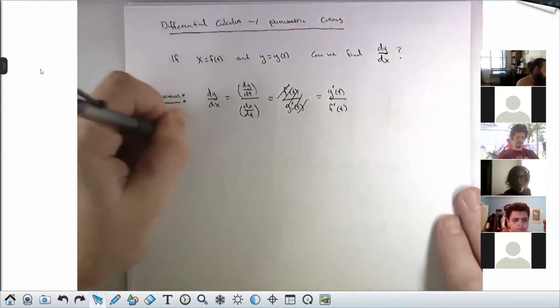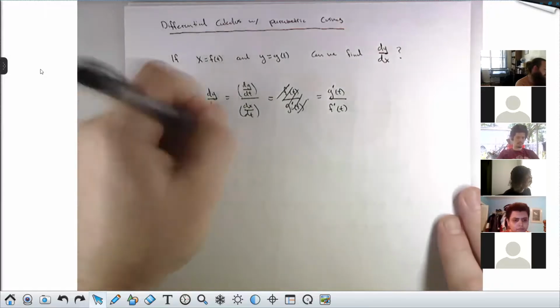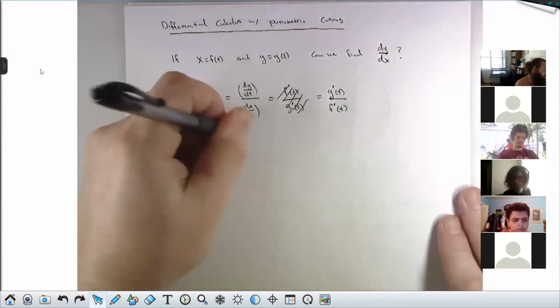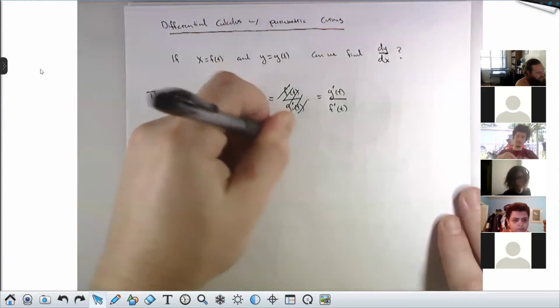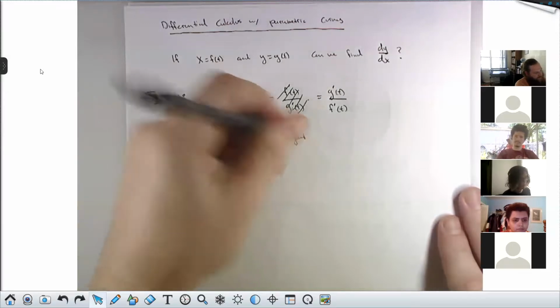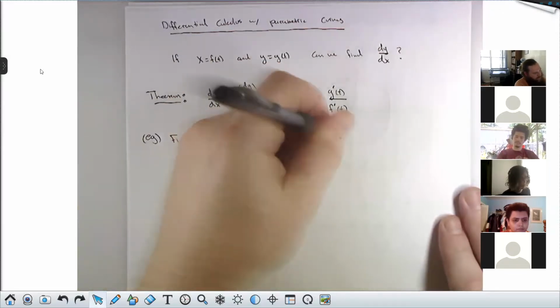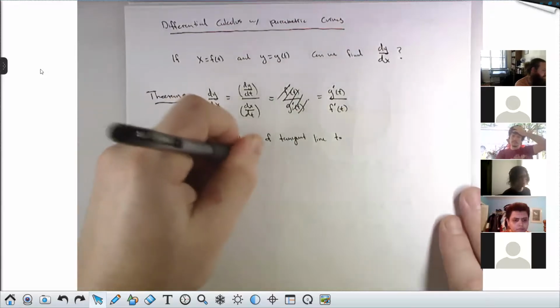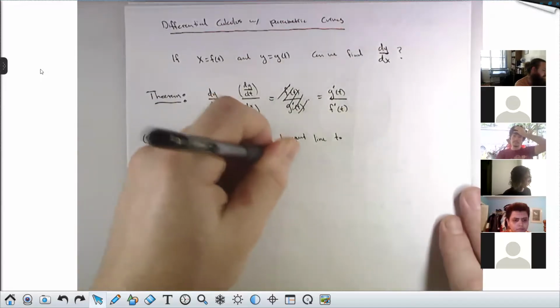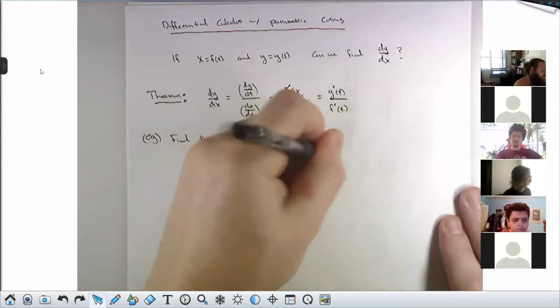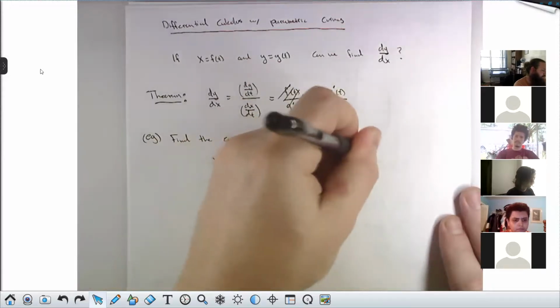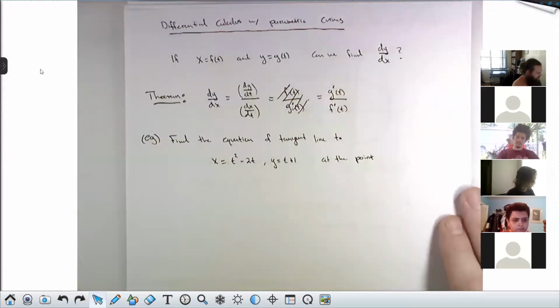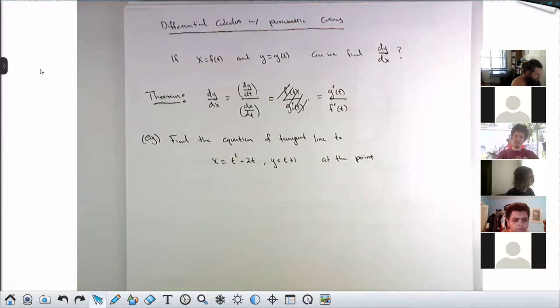Let's find the equation of the tangent line to that first guy, x equals t squared minus 2t, y equals t plus 1, at the point, what was the point that was on that curve? At the point 0, 3.